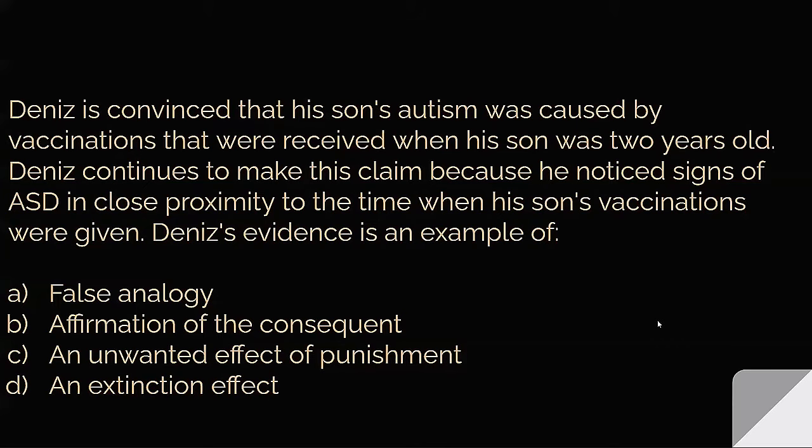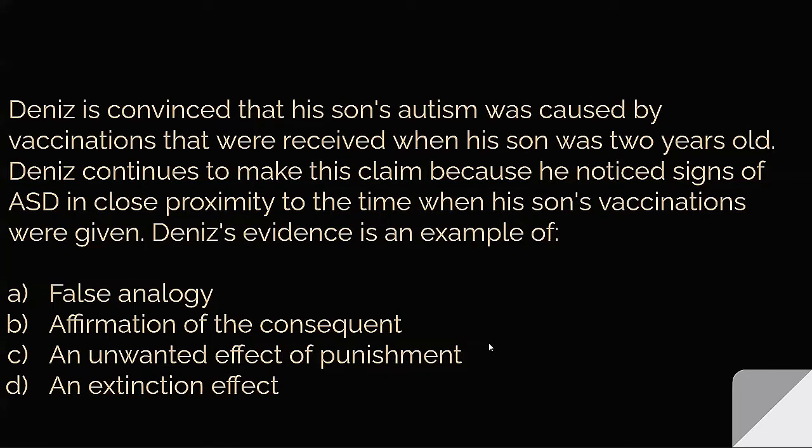Something happens, and then we decide that whatever happened before caused it. So vaccines cause autism, that belief, then my son has autism, therefore the vaccines caused it. That's the kind of thing that the affirmation of the consequent describes.